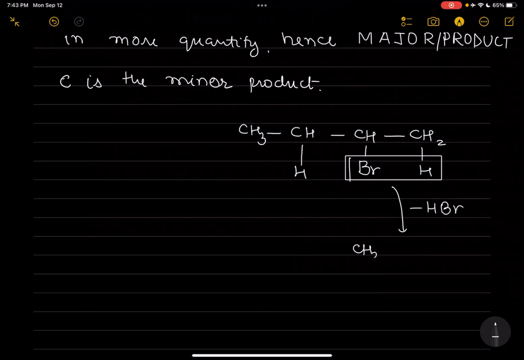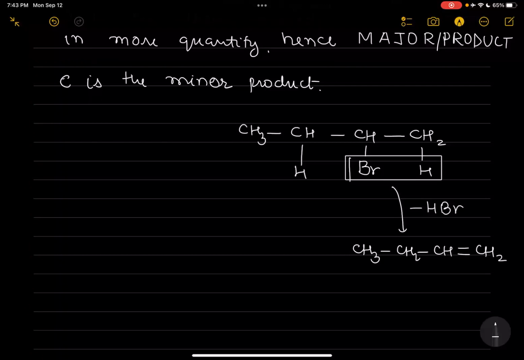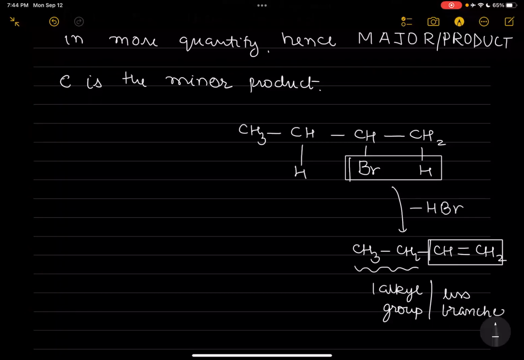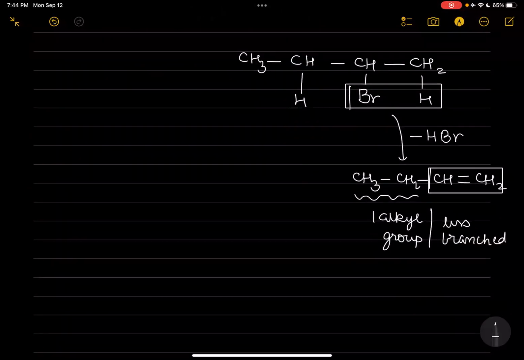Yes, sir. This is the alkene which is formed on the outer side. And this is the alkene having fewer alkyl groups. There is only one alkyl group. And this alkene is the Hofmann alkene.